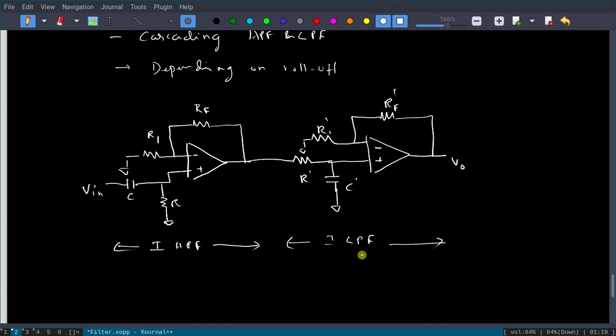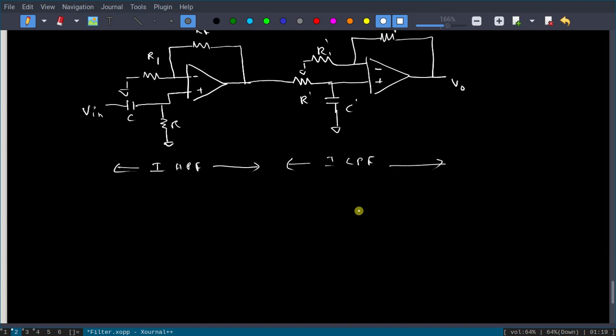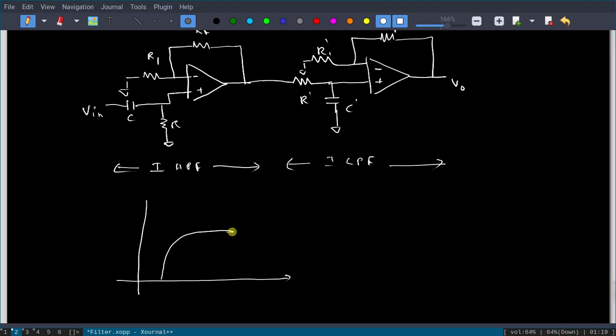So if you consider the response, if you observe this first half, it looks like a high pass filter. And if you observe only the second part, it looks like a low pass filter.